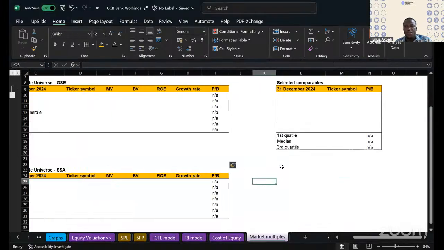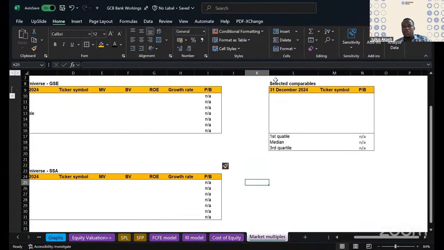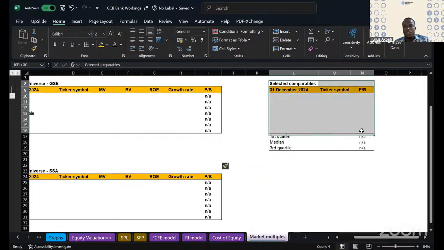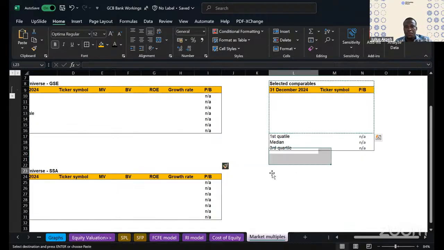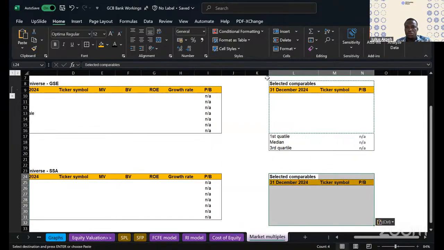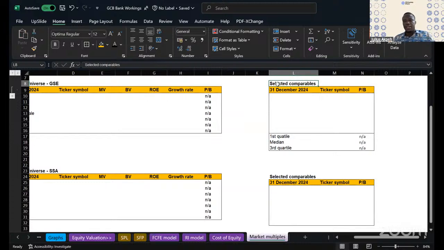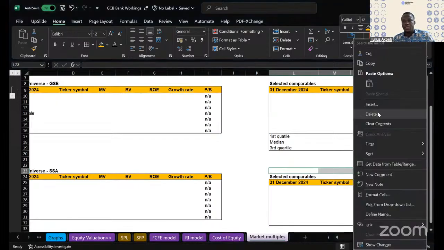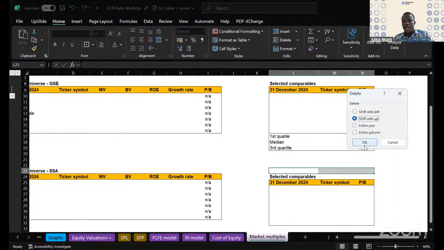Okay, so here I want to start looking at the information on GCB itself. So let's say these are selected comparables. So here, what I want to do, I don't know why I moved this way. Let me delete this, shift up.